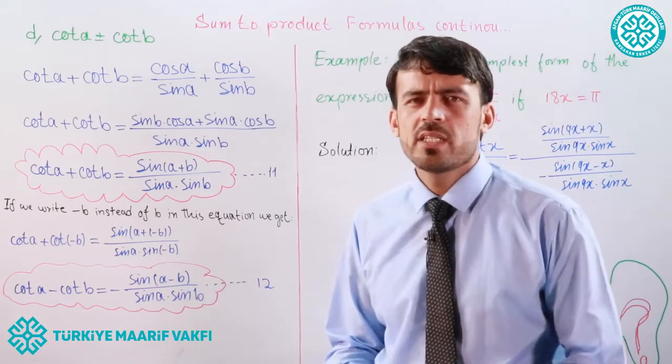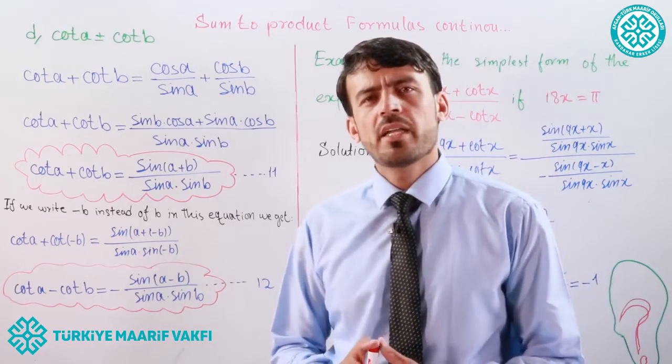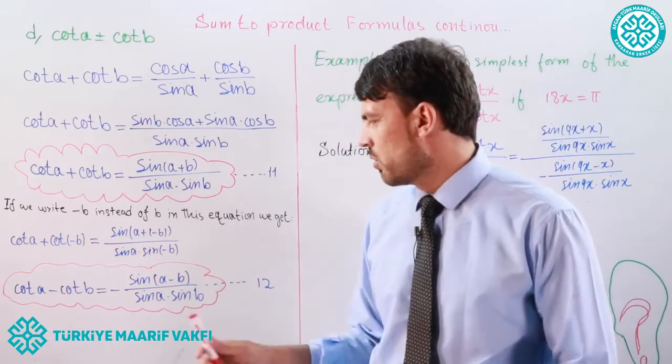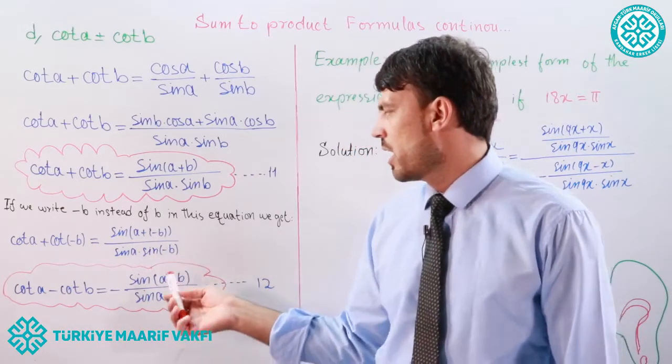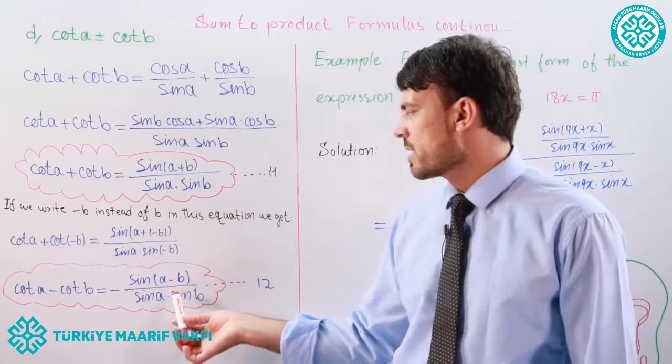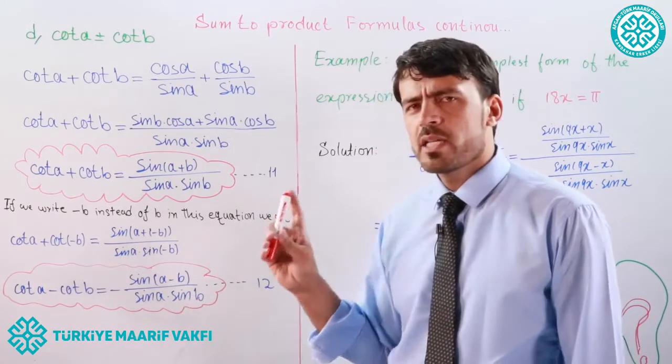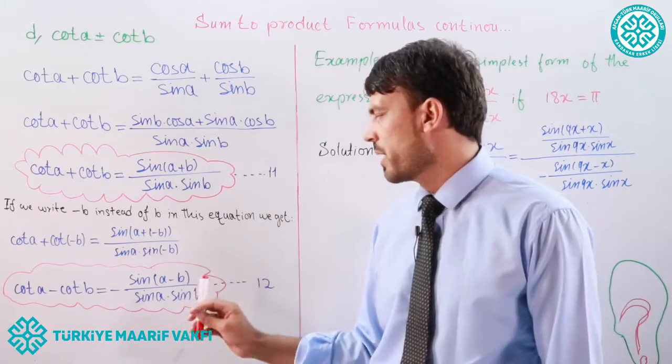In the fourth quadrant, sine is negative, and cotangent is also negative. So we can write minus sine B. So here the minus sign is in the multiplication form.